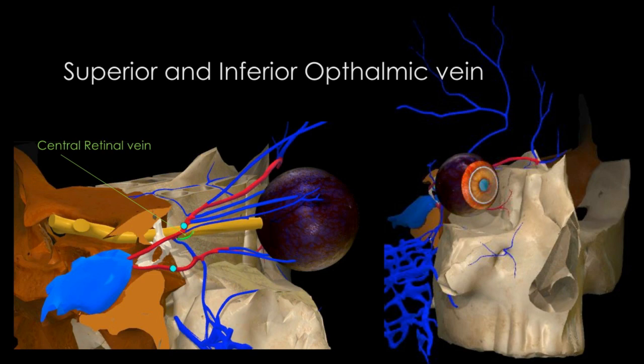Here also you can have a better picture of the pterygoid plexus, which has a communication through a communicating branch with the ophthalmic veins. In this picture, you can also make out the relationship of the cavernous sinus with the sphenoid bone. The dark brown color here is the sphenoid bone, but the lesser and the greater wings are cut off. And this, the yellow one, is the optic nerve.